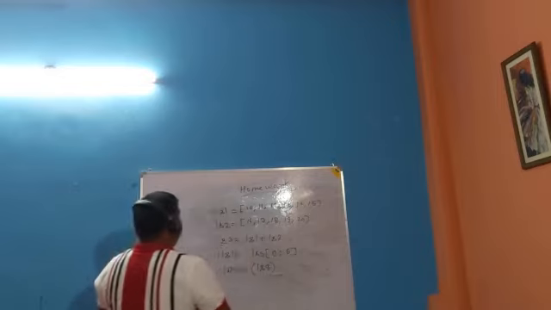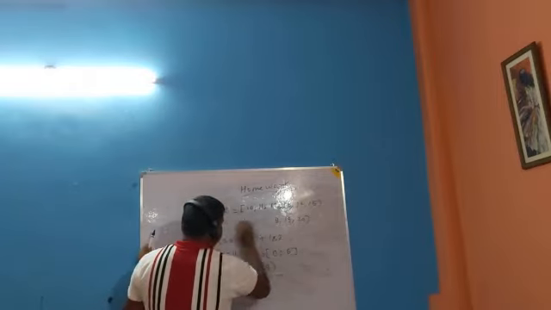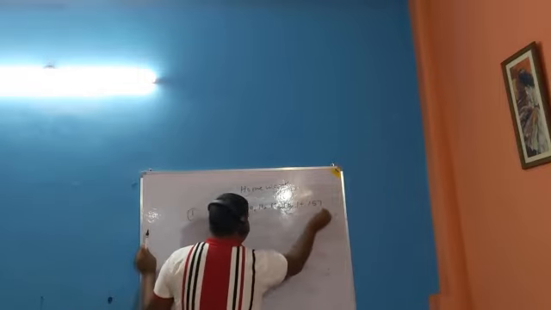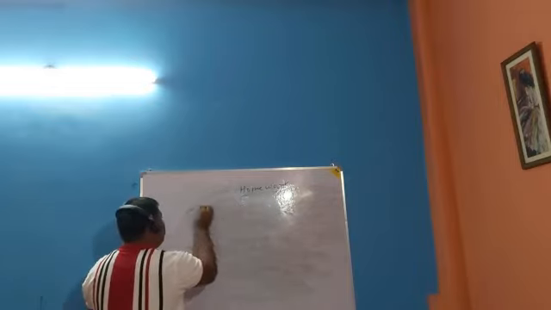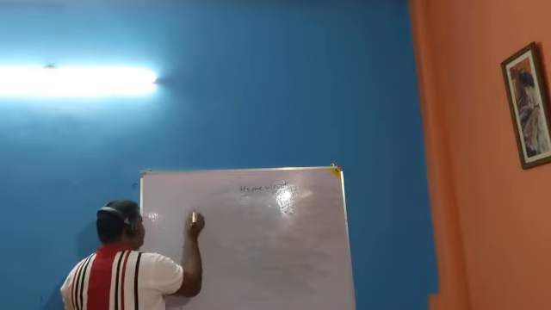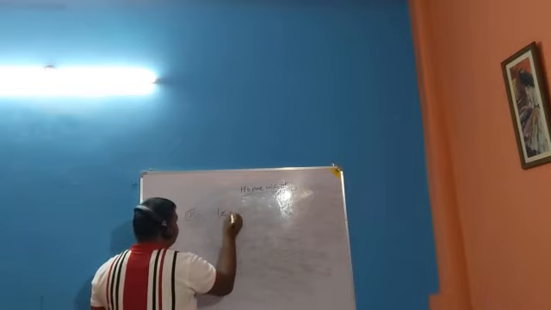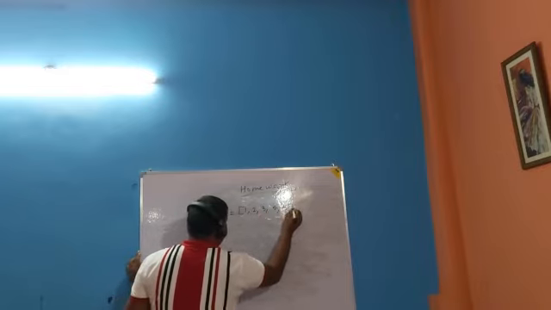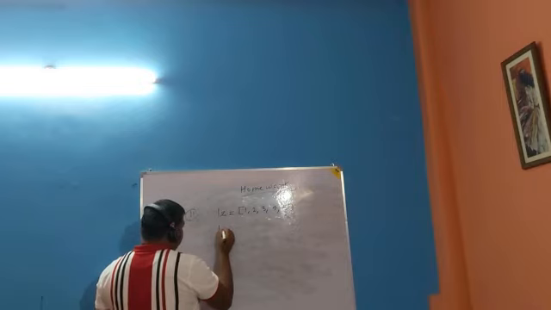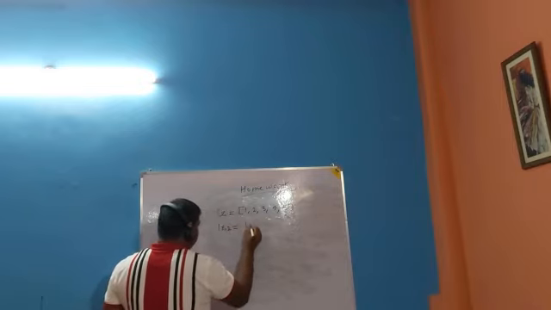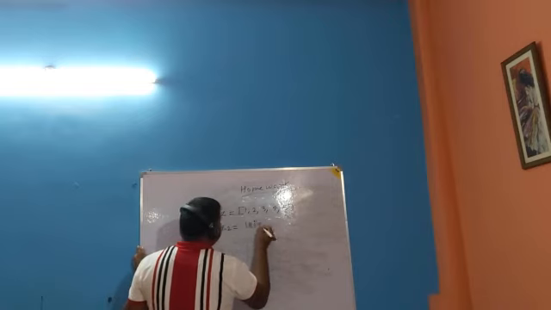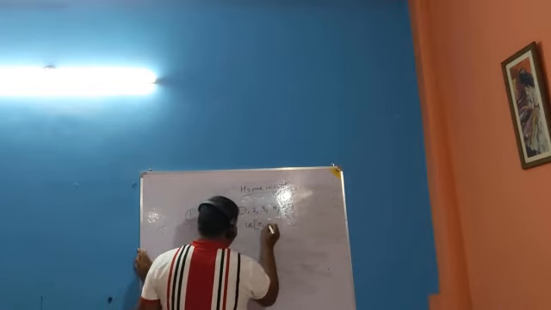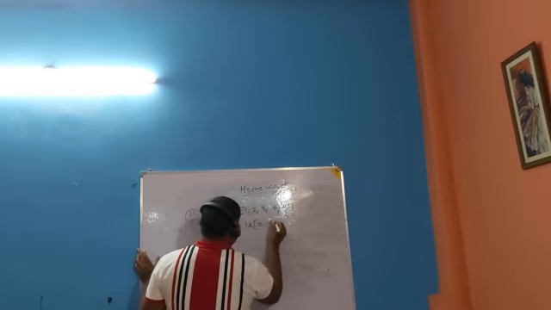Now we will see another homework. Homework 2. If we have a list ls equal to 1, 2, 3, 4, 5, and we have ls2 equal to ls sliced from 0 to 4.